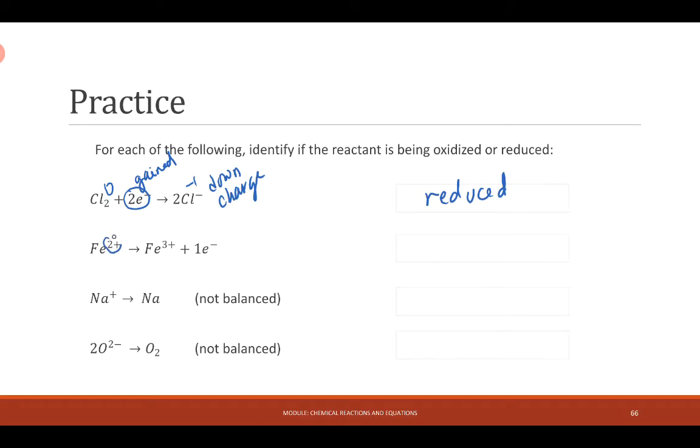Now we have iron 2 plus and iron 3 plus, and we can see that its charge is going up, and we are losing an electron. Since we are losing an electron and our charge is going up, this is oxidation.